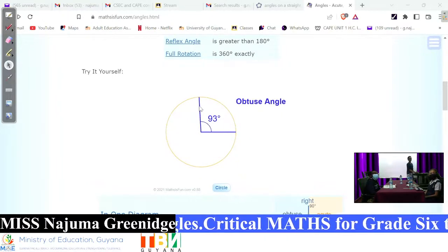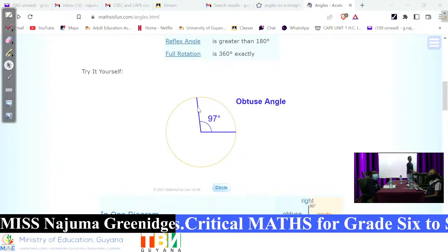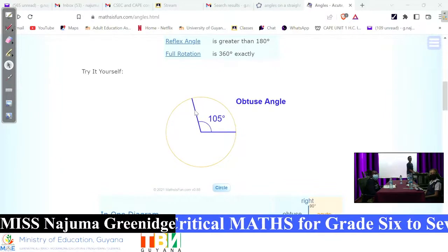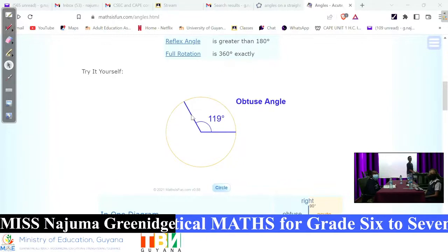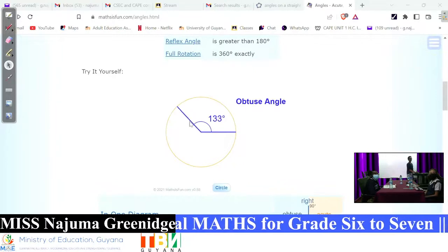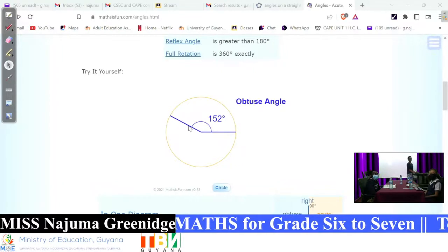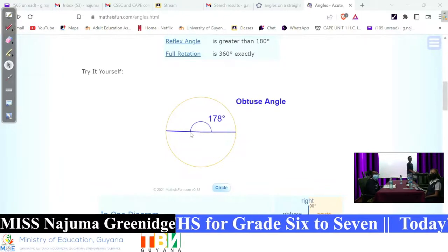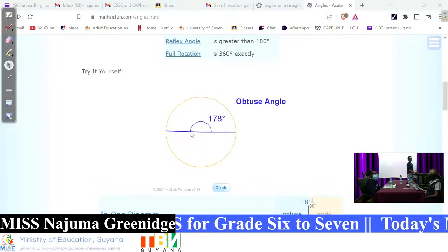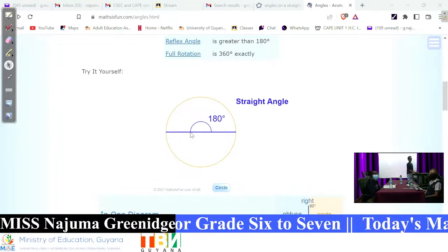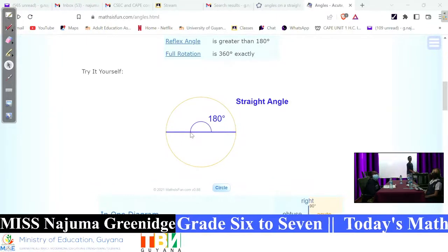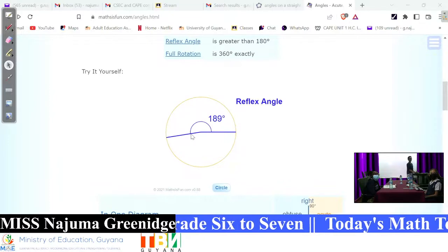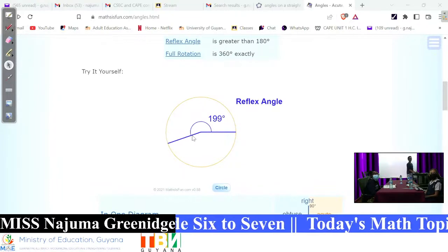So if I keep going around, it becomes obtuse. I keep going, I'm still in the obtuse zone, until the line becomes flat there. Almost a straight angle. So if I keep going now, extend that line, see? More than 180.